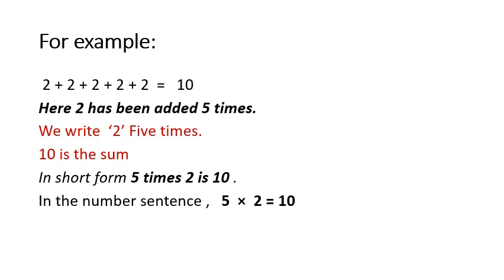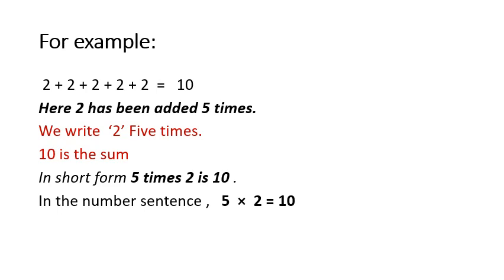So here you can say that 2 the same number is added 5 times. Now 2 is addends. So here all the addends are same. So we write 2 5 times and the answer of this addition is 10.